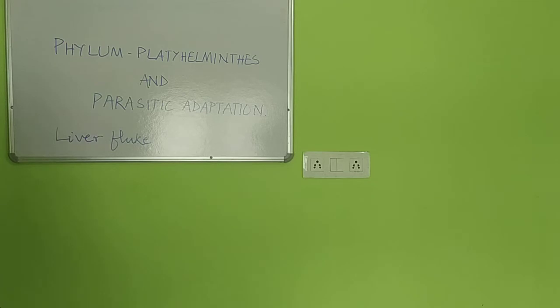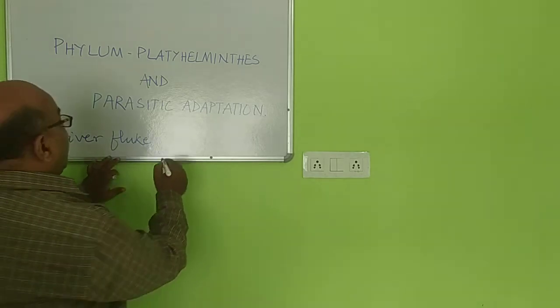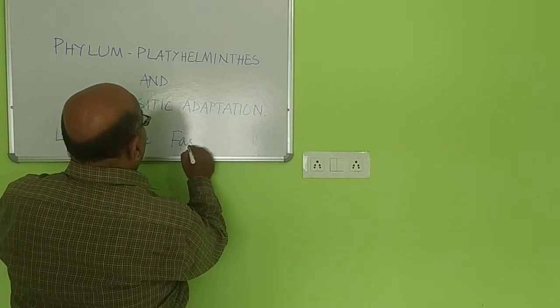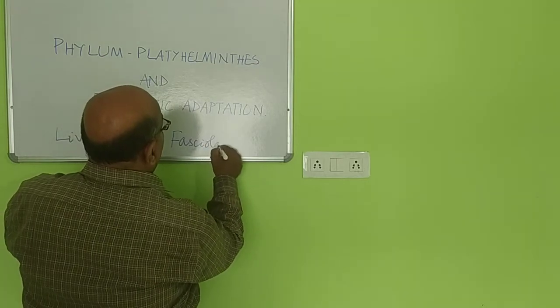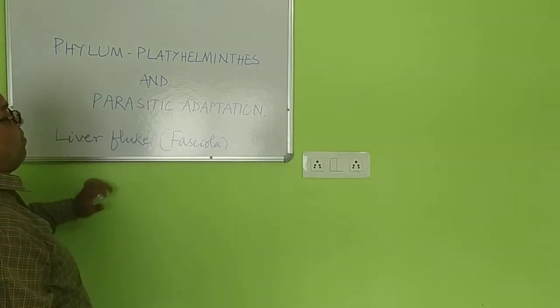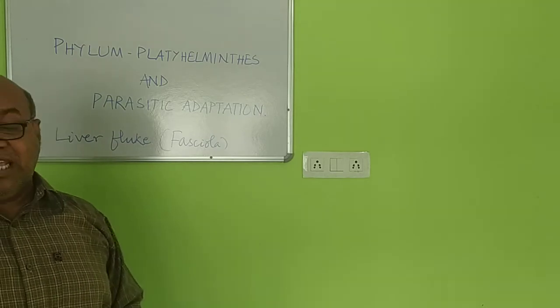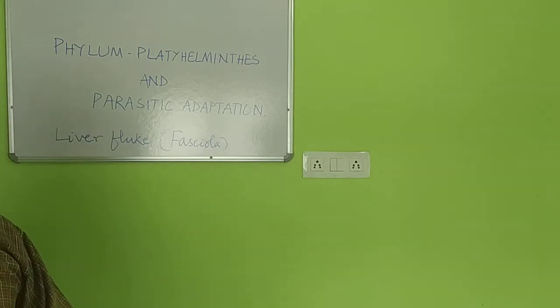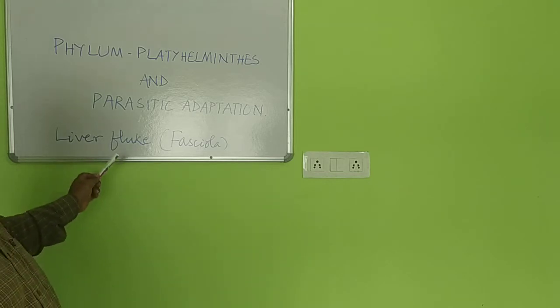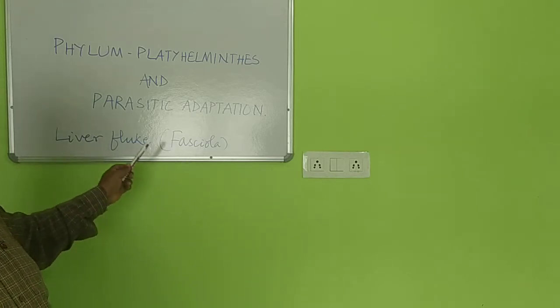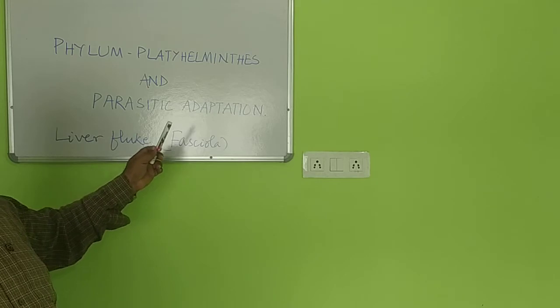Fasciola is the generic name, and the species name is hepatica, H-E-P-A-T-I-C-A. It is another example, a digenean parasite. It depends upon two different hosts.